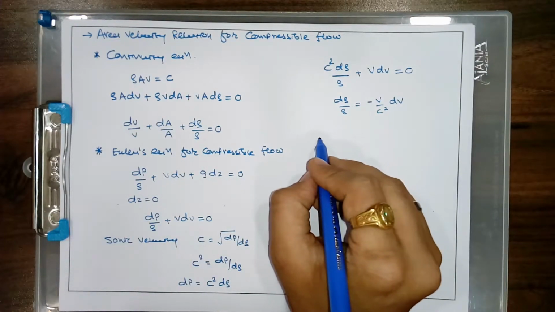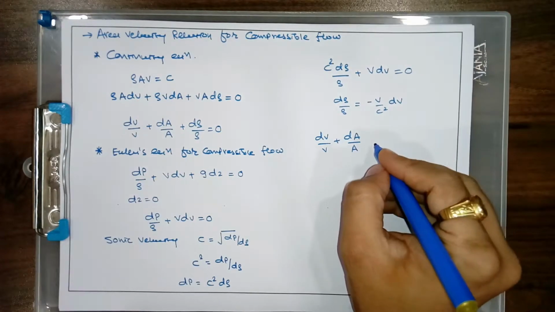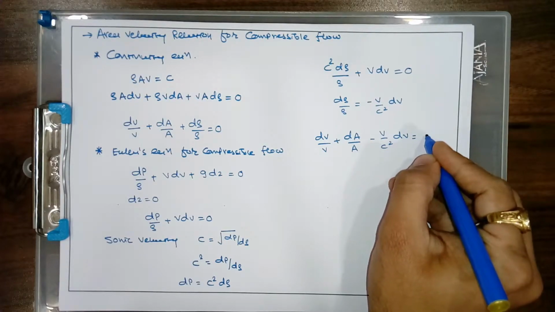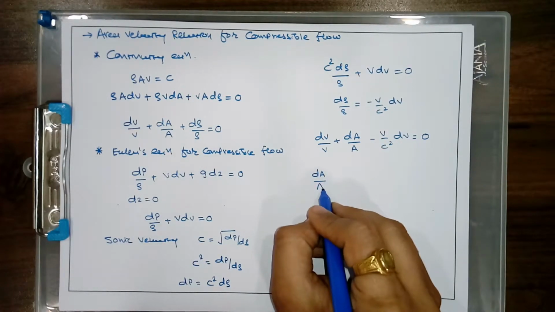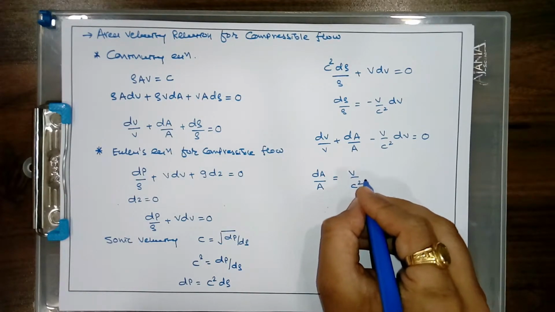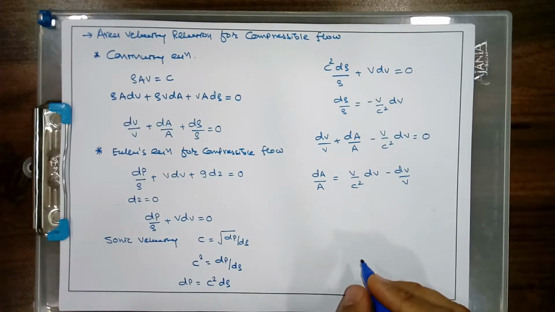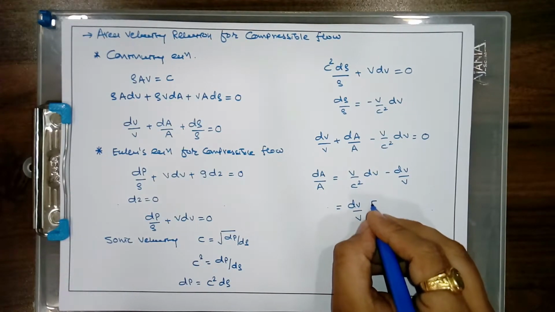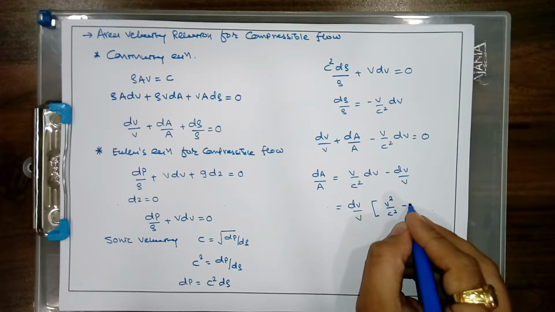So finally we get dV by V plus dA by A minus V by c square dV equals 0. Now we make dA by A the subject. So our equation becomes V by c square dV minus dV by V. Now we take dV by V common, so in the bracket we get V square by c square minus 1.